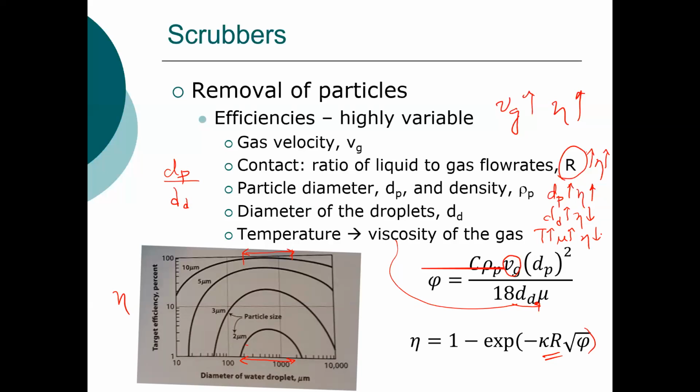The two terms that we use here, this term phi, is described as the inertial impact factor, because when we're looking at removal, it's really inertial impact that plays the most significant role in removal.